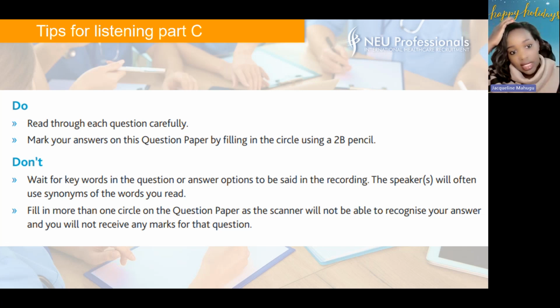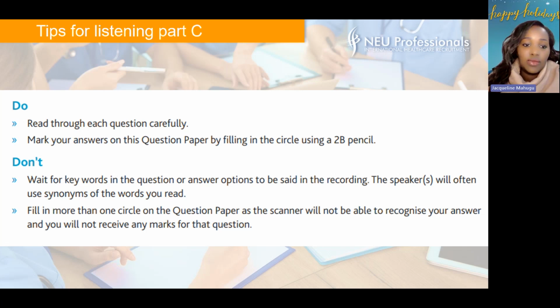Don't wait for the keywords, because the speakers will usually use synonyms of the words that you have read. So we've looked at what synonyms are, and that is what they will usually use. So make sure that you listen, you don't wait for the keywords, but listen for paraphrasing and listen for synonyms of what you have read, because it is almost never said in the same way.